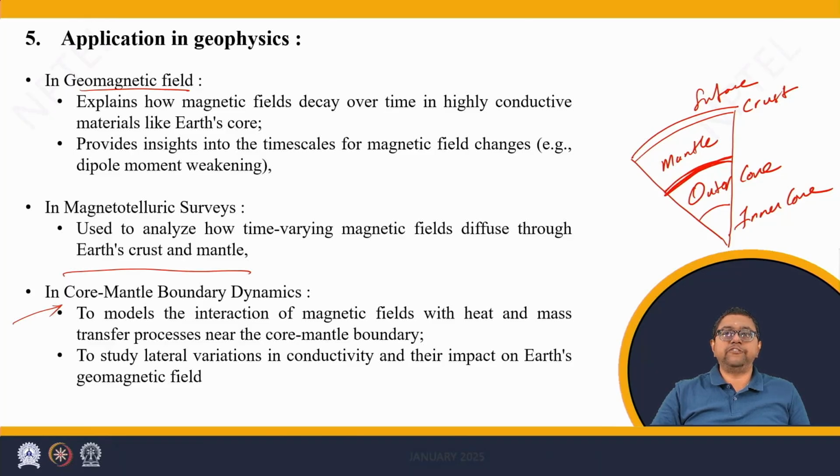Here, the magnetic fields which are getting generated in the outer core interact with the various heat and mass transfer processes which occur at the core mantle boundary. To study this, the magnetic diffusion equation and mass diffusion and heat diffusion equations are also very important.